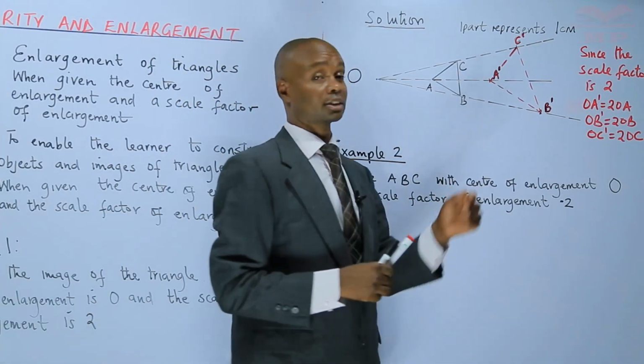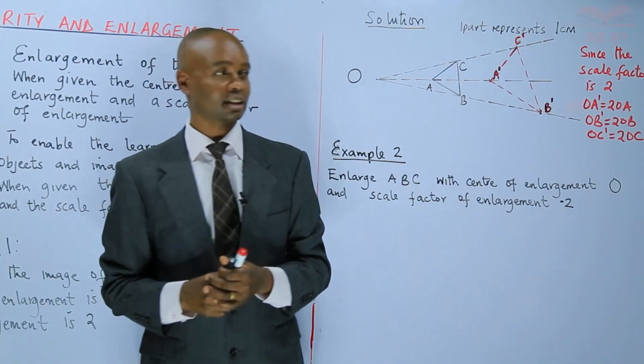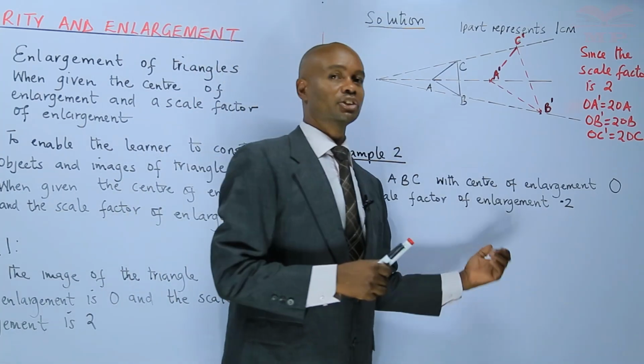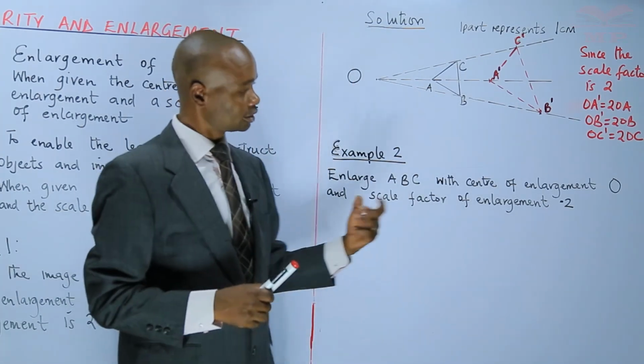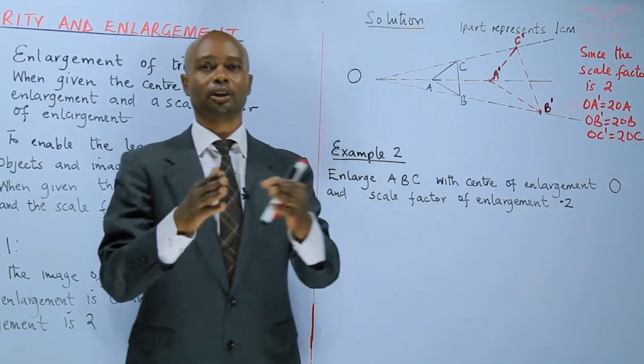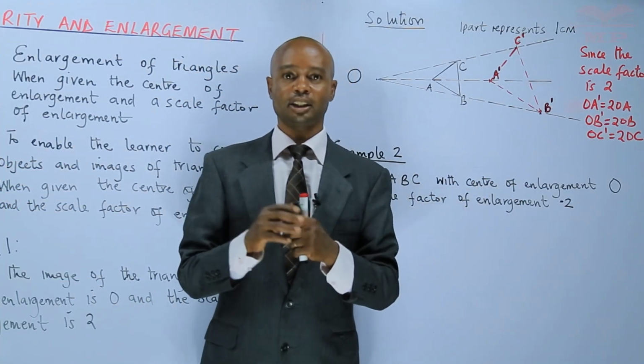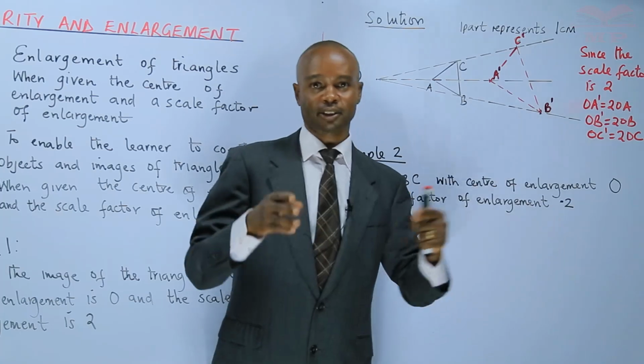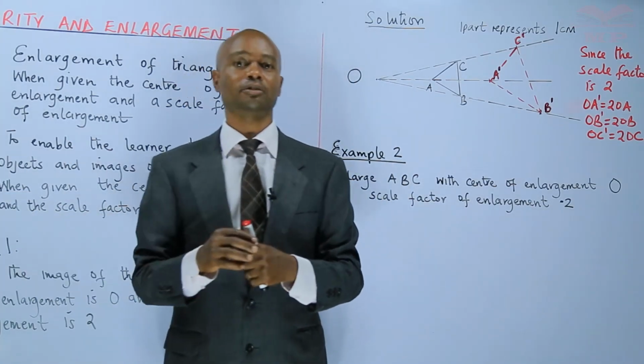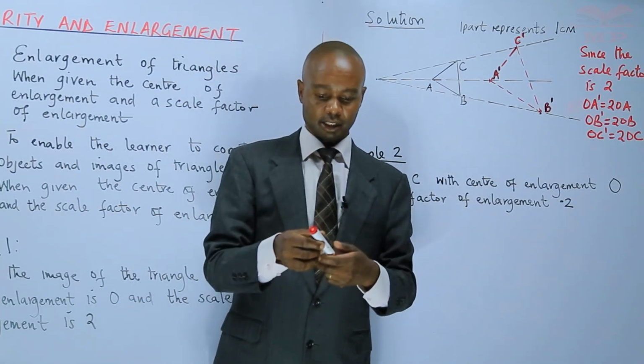In the first one, it is a positive enlargement. In this case, the image and the object will be on the opposite sides of the center of enlargement, either one on the left, the other one on the right of the center of enlargement.